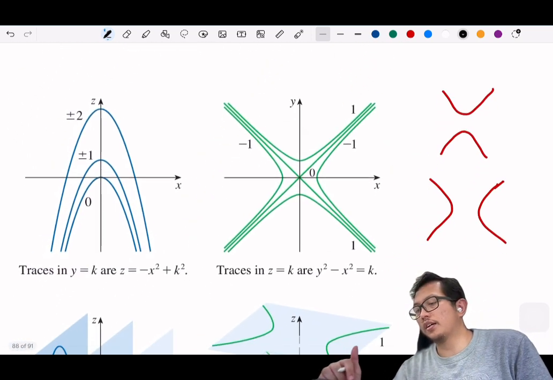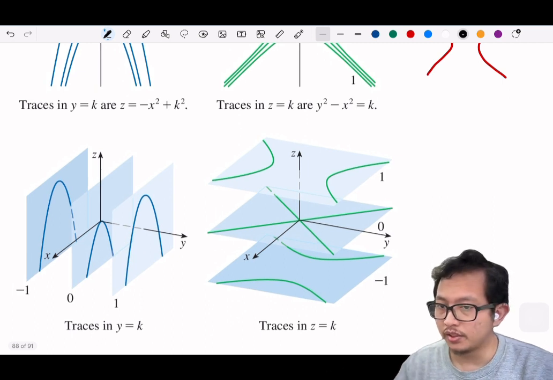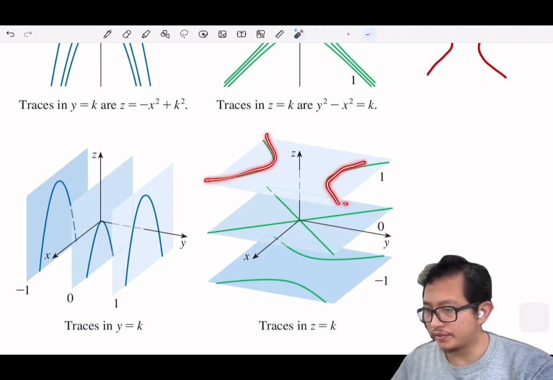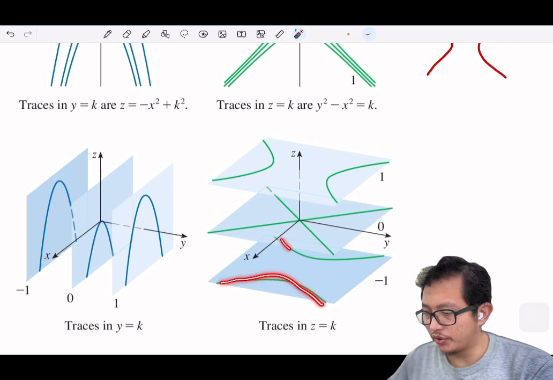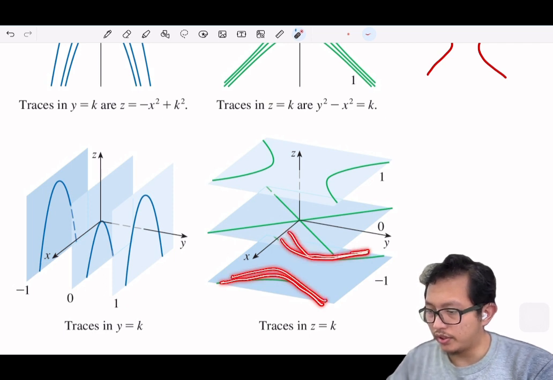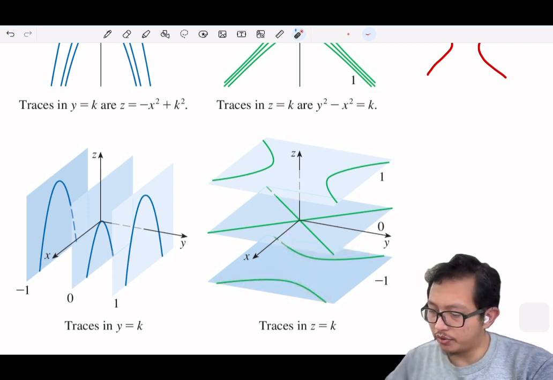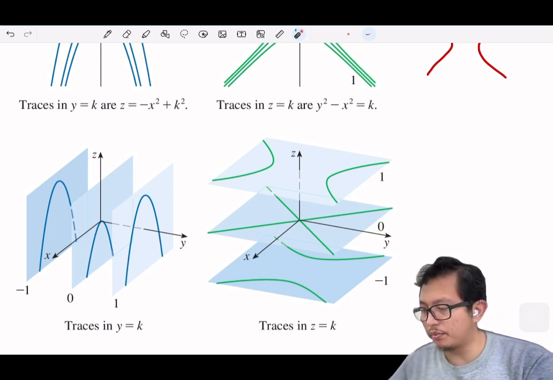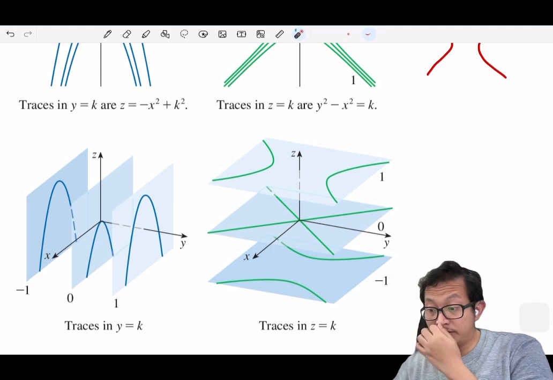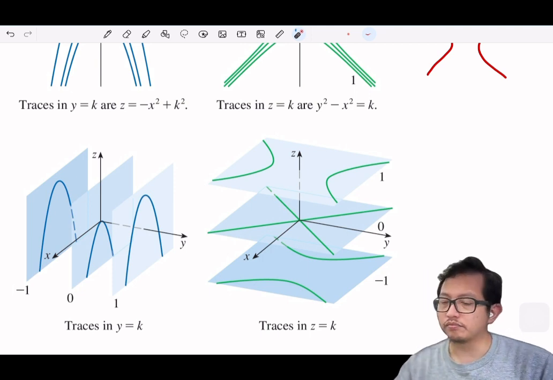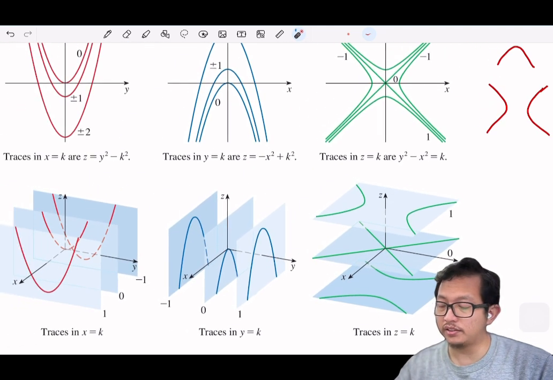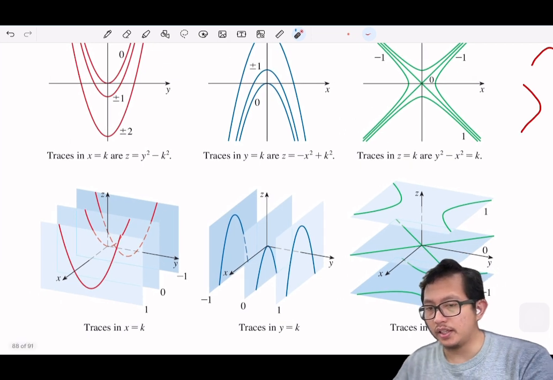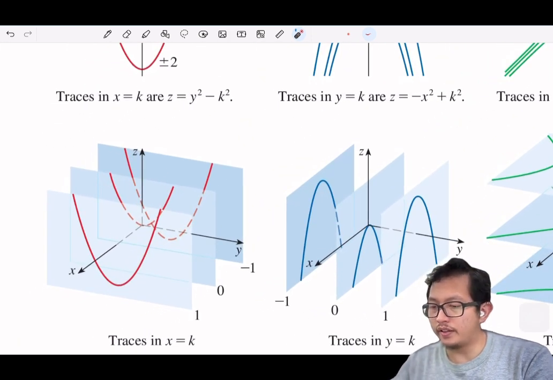Anyway, we can have two hyperbolas. So we could have a hyperbola that is going this way, and a hyperbola that is going that way. And of course, this is going to be traced depending on each plane.